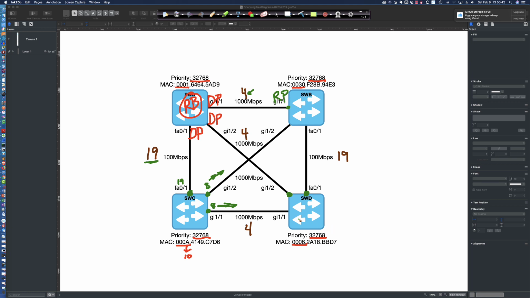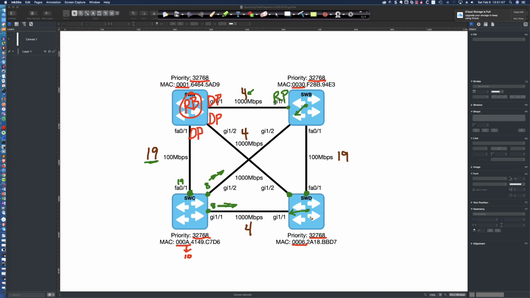So the sender's bridge ID is going to be switch B sending its bridge ID down to switch C, and D is going to be sending its bridge ID over to switch C. And so switch C sees that the cost will be the same, therefore I'm picking the path who has the sender with the best bridge ID.